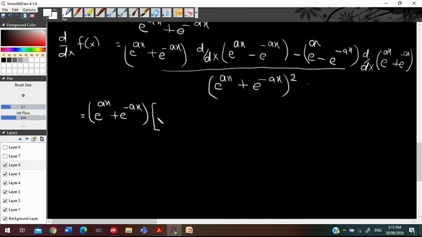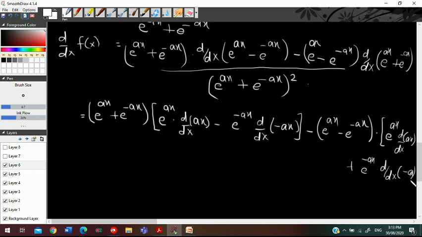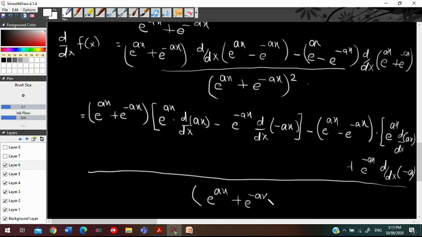So when we apply the derivative separately on both functions, we have exponential of ax remaining the same, and then we apply the derivative on ax, minus exponential of minus ax will remain the same, and then d by dx of minus ax, minus exponential of ax minus exponential of minus ax will remain the same, and you apply the derivative on this part, and then exponential of ax into d by dx of ax plus exponential of minus ax into d by dx of minus ax, and the whole divided by exponential of ax plus exponential of minus ax whole squared.